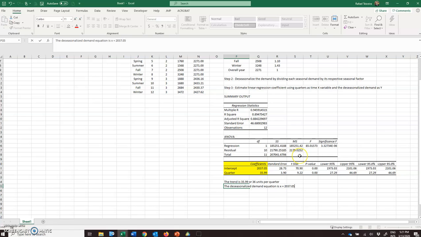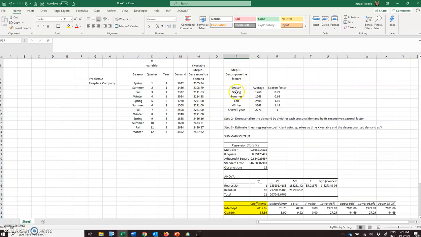This is my intercept, that's the constant, and I'm gonna multiply, I'm sorry, this is Y, not X, plus 35, or let's say 36, multiplied by my quarter. That's my seasonalized demand equation.